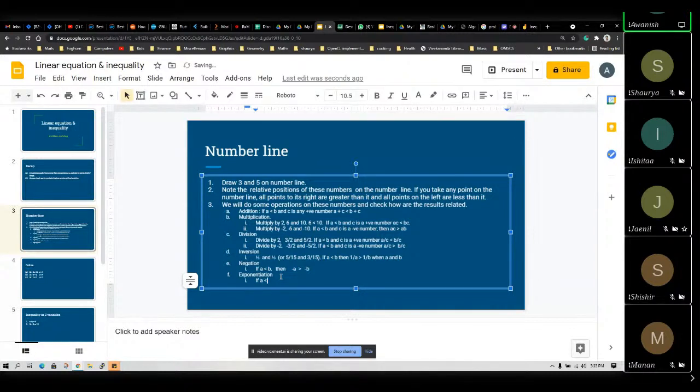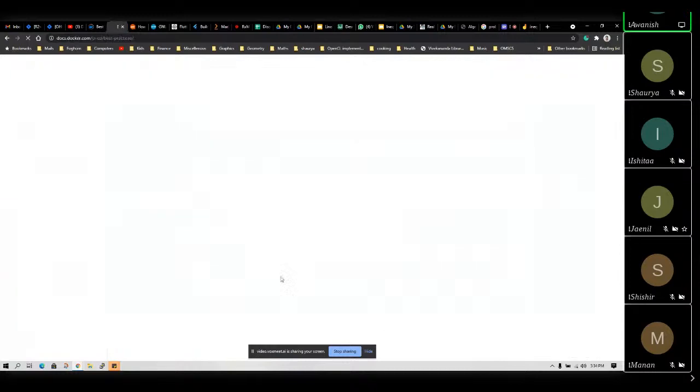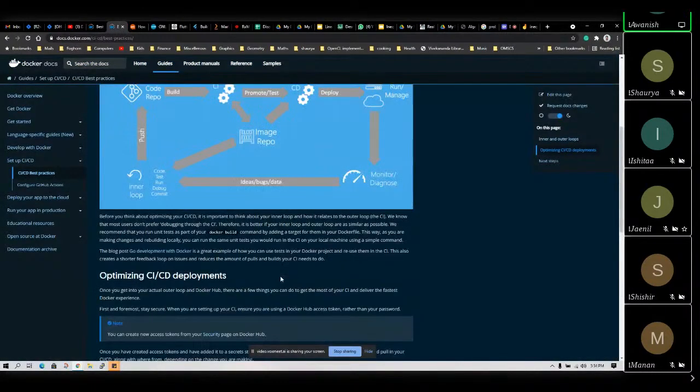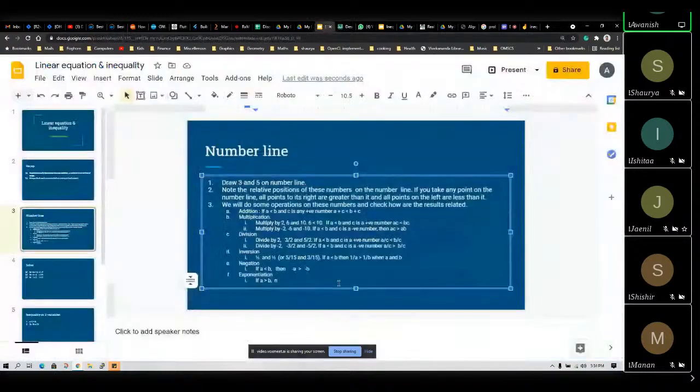So if A is more than B, what will be the relationship between n raised to A and n raised to B? You understand this notation, or should I make them subscripts and superscripts? No, sir, it's understandable.